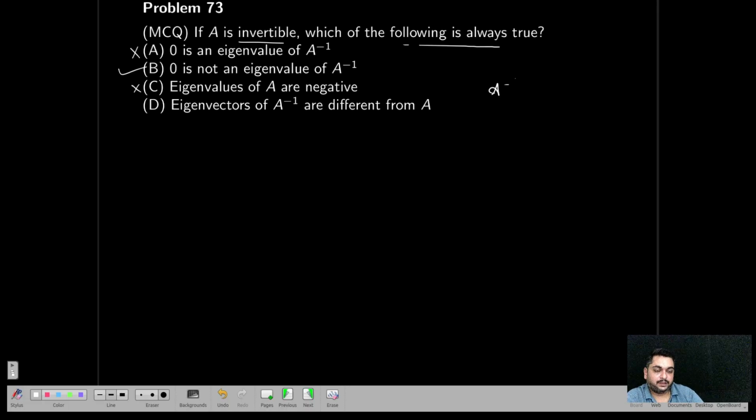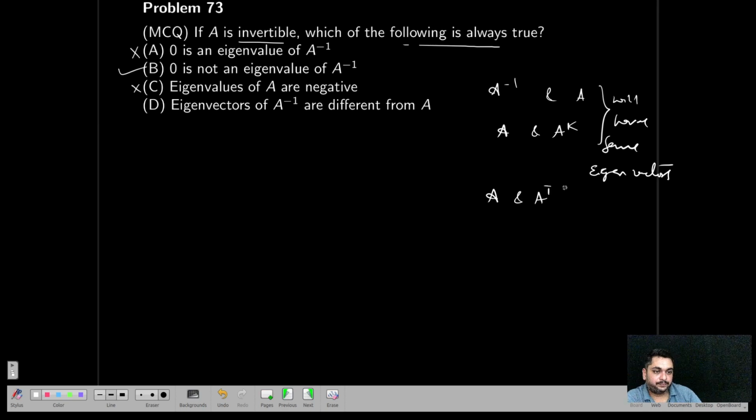No. So A inverse and A, A and A power k will always have the same eigenvectors. Please remember this point. Then A and A transpose may not have the same eigenvectors. So these are the properties.